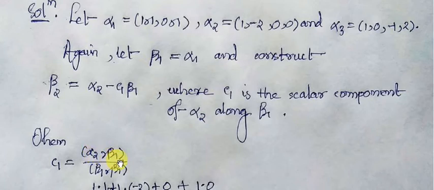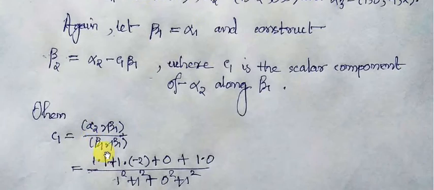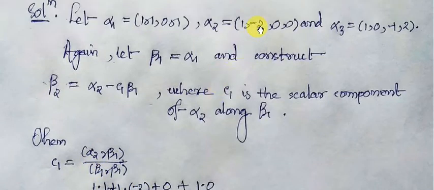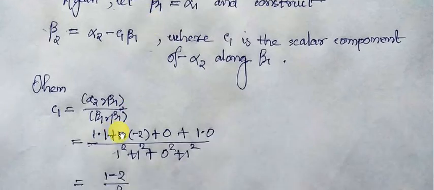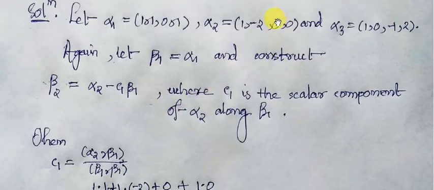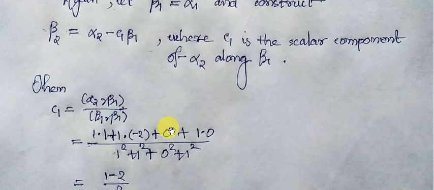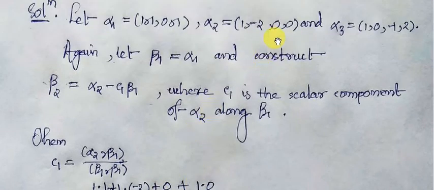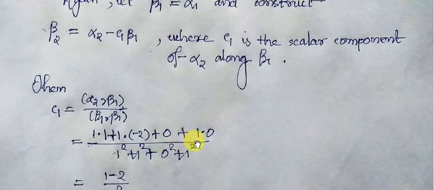The inner product of alpha 2 and beta 1, being the standard inner product, equals 1 into 1, plus the second components, -2 into 1, plus the third components, 0 into 0, plus the fourth components, 0 into 1.